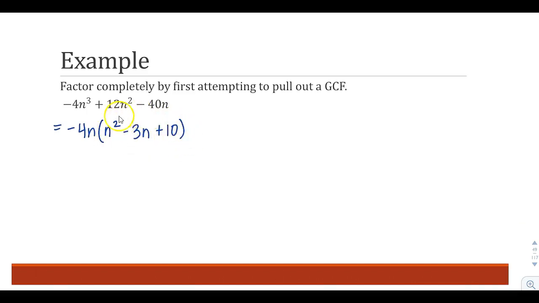But now, this right here is a trinomial with a highest power of 2, so we can try our technique of factoring this by thinking about the leading coefficient, which would be 1, so I'm looking just inside the parentheses, and that constant term 10. So I would be looking for two numbers that multiply to 10, but that add to that middle term, negative 3.